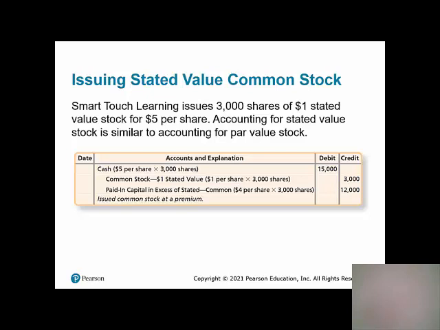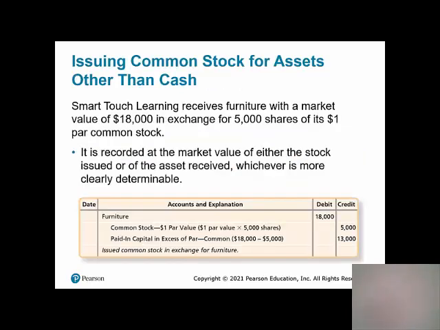We would credit common stock for the $1 stated value times the 3,000 shares, or $3,000. And we would credit paid-in capital in excess of stated common for the difference between the proceeds of $15,000 and the $3,000 of legal capital, or $12,000.